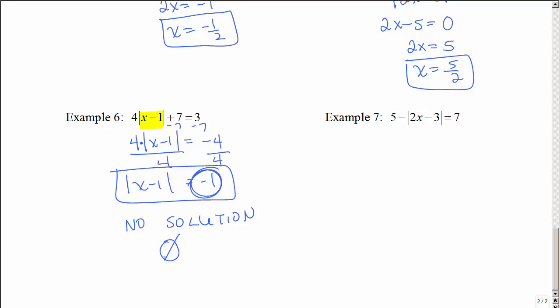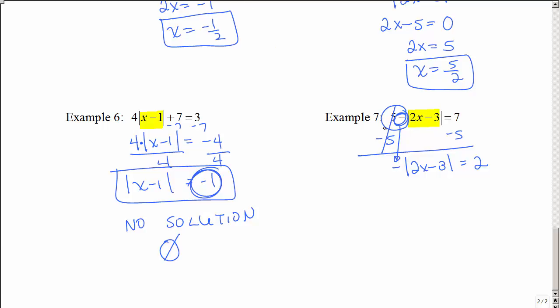Now number 7 is kind of tricky. Let's go through it step by step. We have to isolate that. And what's tricky for most students is this part. That doesn't mean 5 times, that means 5 minus, and that's a positive 5. So the first thing I need to do is subtract 5. And I get positive 2. I don't want to lose that negative sign, I've just subtracted the 5.